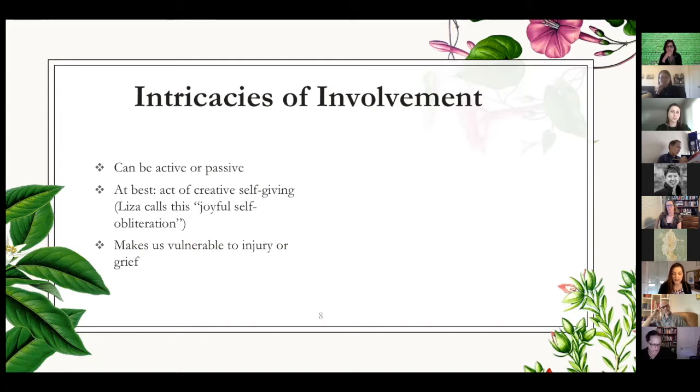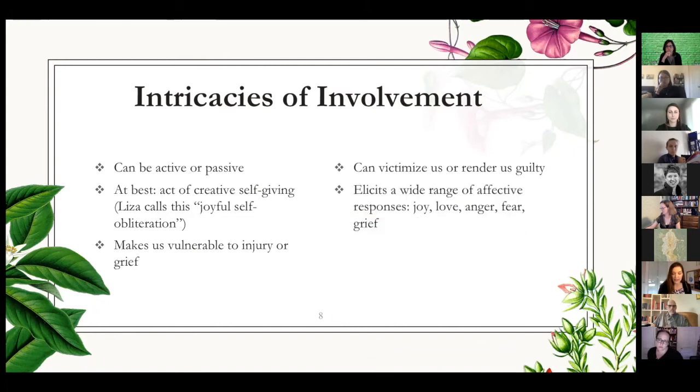Even unchosen, involvement also often victimizes us or renders us guilty. Just as Pulter had no choice but to be involved with darkness and horrid night on a 24-hour basis, so we're all implicated in pernicious cycles and systems we can't escape. Pulter's lyrics invite us to share in the full range of affective responses involvement elicits, from joy and love to anger, anxiety, and limitless grief.